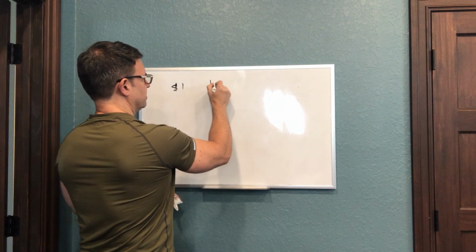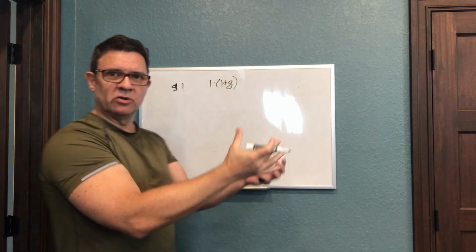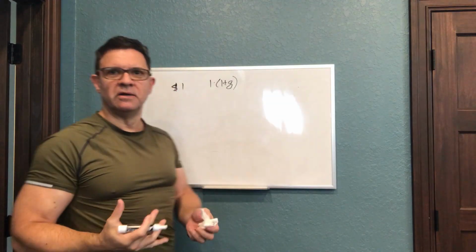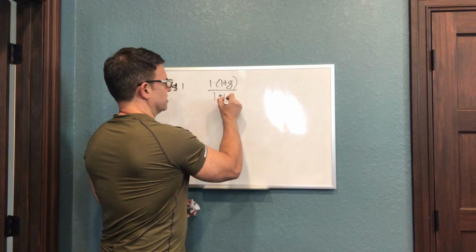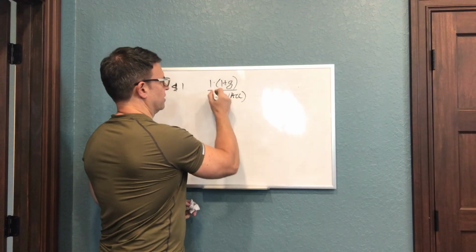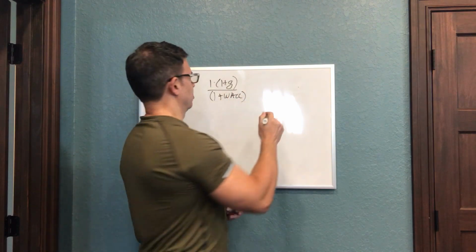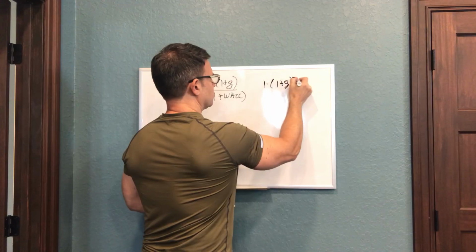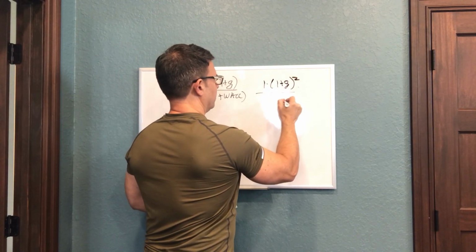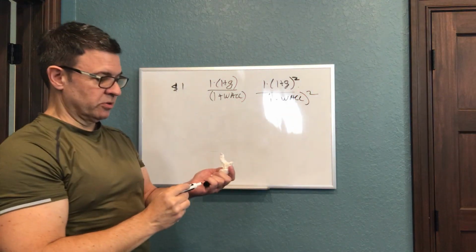And that would be 1 times 1 plus G. But because it's 1 year out, we'd have to discount it back, right? And what do we discount it back by? 1 plus the weighted average cost of capital. And similarly, in the next year, you'd have 2 years' worth of growth. So that would be 1 times 1 plus G squared over 1 plus WACC squared. And you notice the pattern.